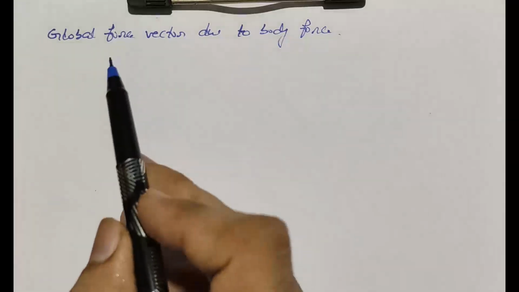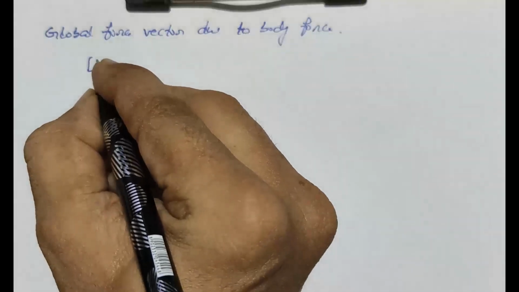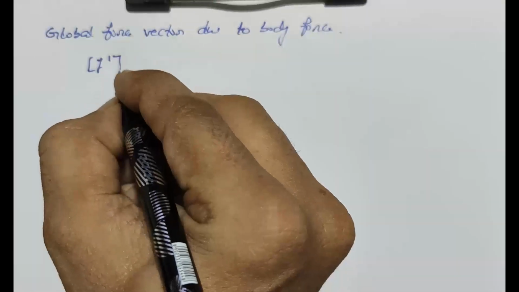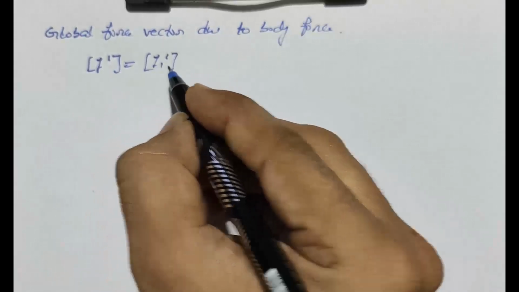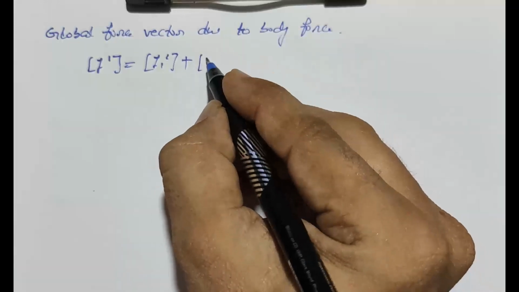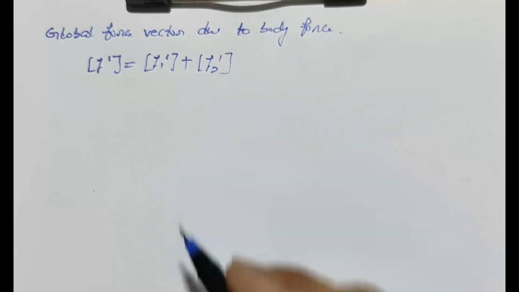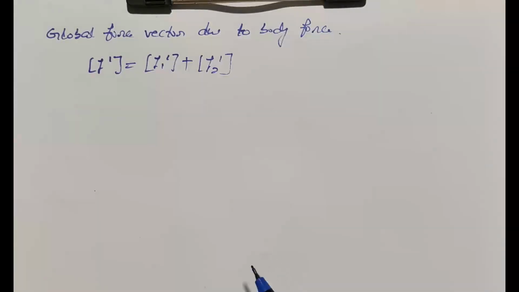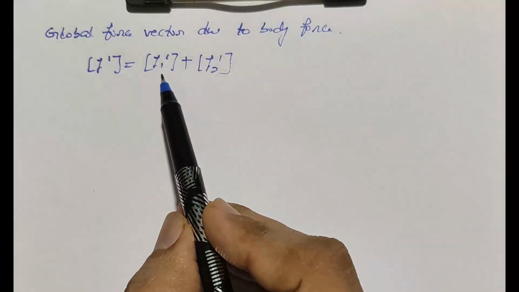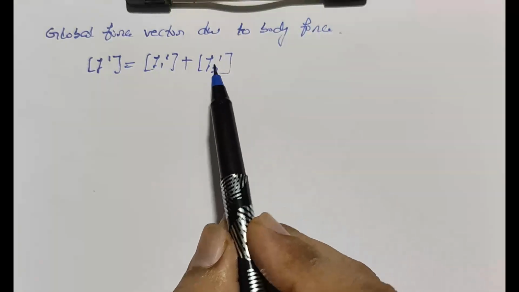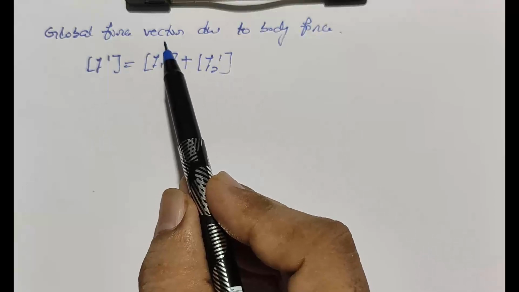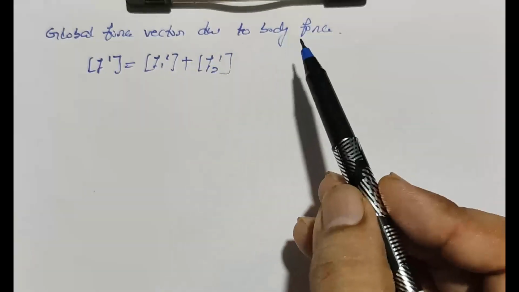See, this global force vector due to body force is F dash is equal to F1 dash plus F2 dash. Means you have to add the body force vector for first element and body force vector for second element, so that you will get global body force vector or global force vector due to body force.